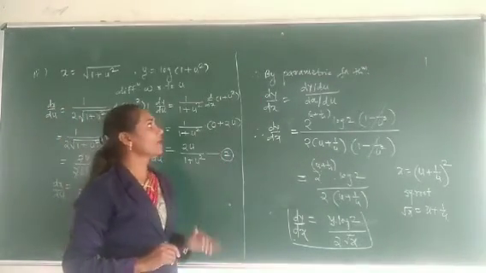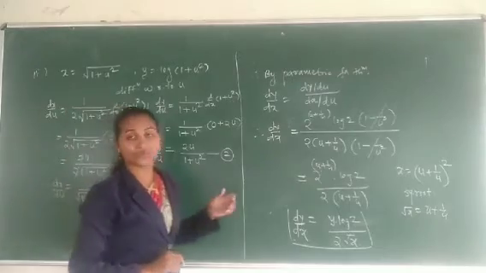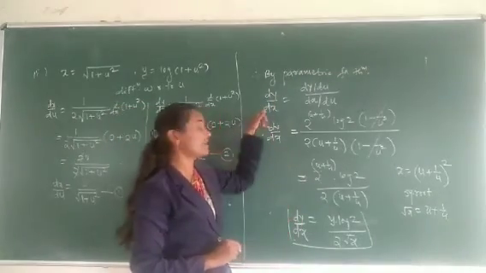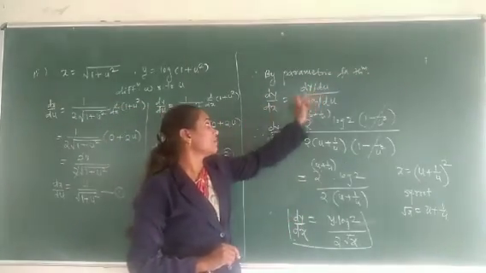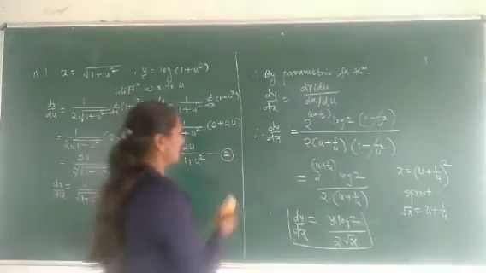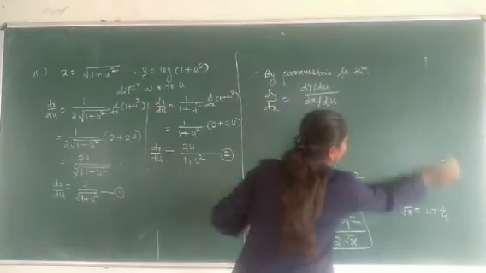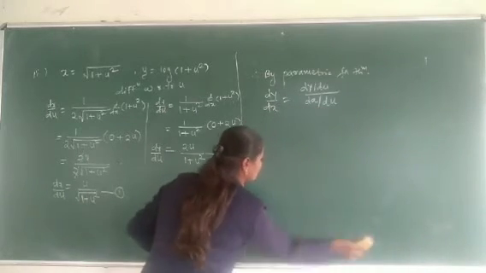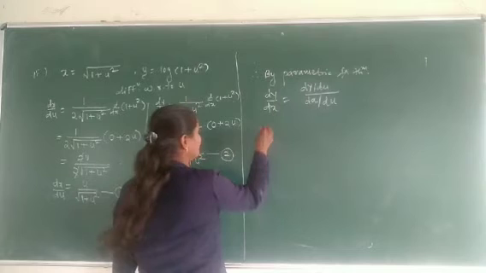Again, we have to find dy upon dx. So by the parametric function theorem, dy upon dx is equal to dy upon du divided by dx upon du, and put the values.